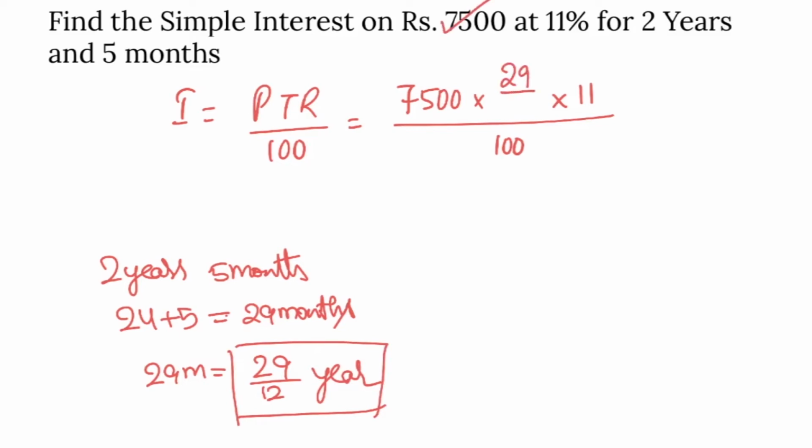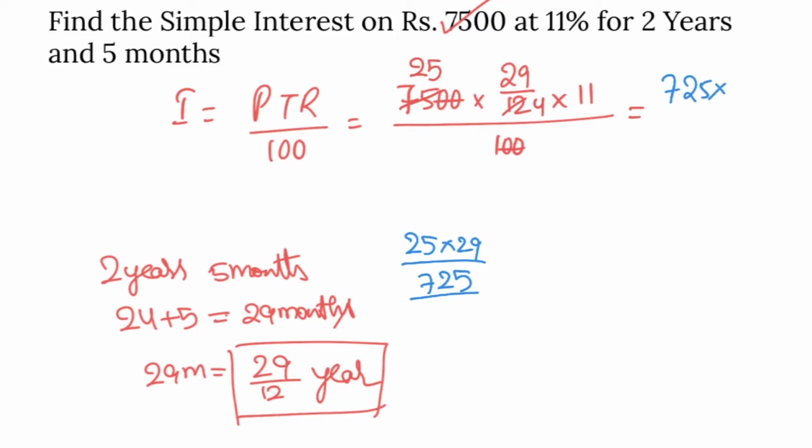Time period is 29 by 12 and rate of interest is 11 by 100. 2 zeros cancel. 3 4 times 12, 3, 25 times 75. 25 into 29, 25 into 29 is 725.